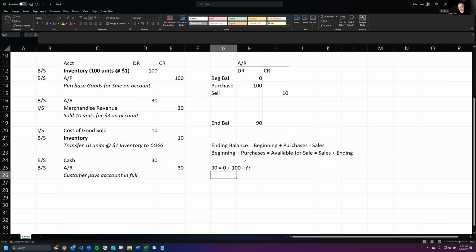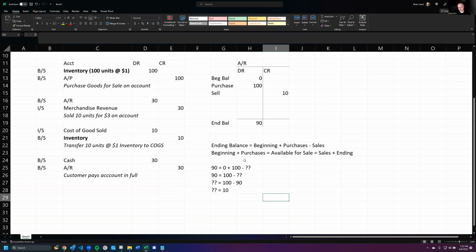So now you just have to figure out what to do. 90 equals 100 minus what? If you move things around, you can say the question mark equals 100 minus 90, just swap them around. So the question mark equals 10. That's one way of doing it.